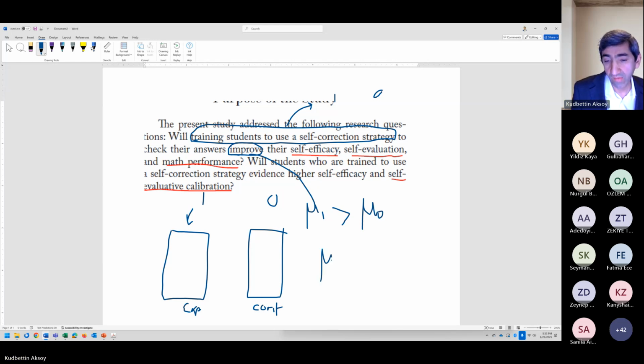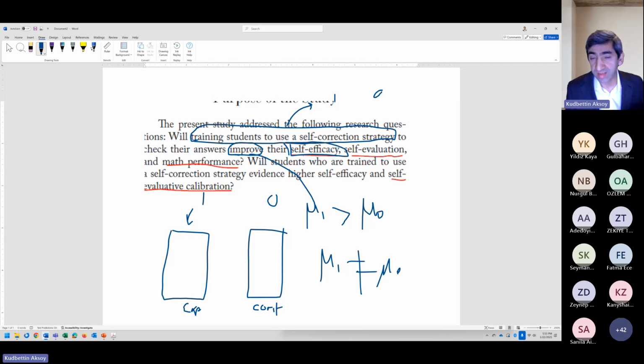It's not non-directional. It's not like this. Took statistics. So will it increase their self-efficacy? I'm going to check. So this is variable 2. And this variable is a continuous variable, a numerical variable. Self-evaluation, I'm interested in how we're going to define these operations, self-evaluation and math performance.